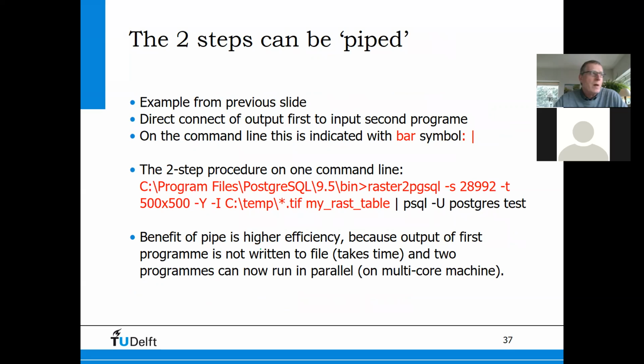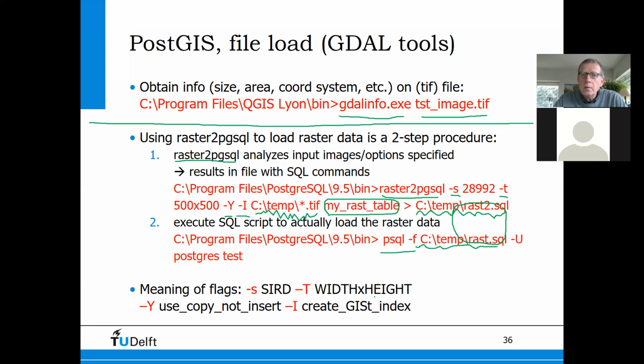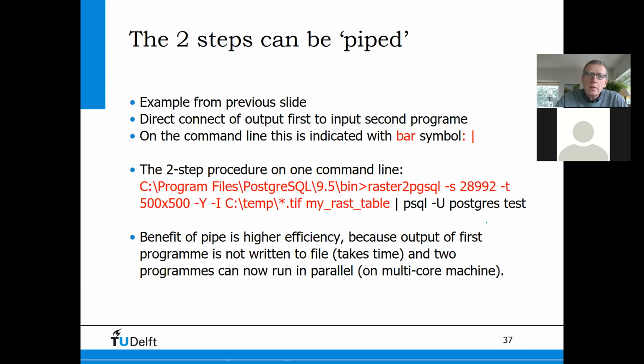Okay, then the piping topic. Instead of storing the intermediate result in a file, this raster2pgsql SQL file, especially when there is a lot of data stored in the intermediate file, that takes a lot of time. Writing to a file means also writing to disk, not efficient.